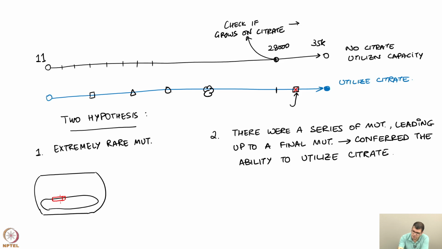And obviously, it was found that there was no growth on citrate. That is not surprising, because even at 35,000 there was no growth on citrate. But when we do the same exercise for the line which actually did evolve the ability to utilize citrate, we check if it grows on citrate.